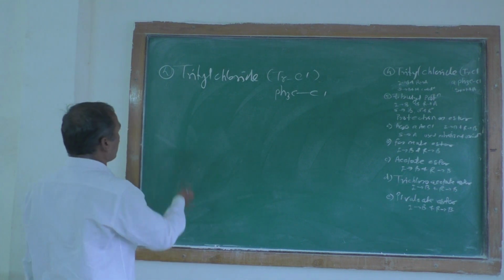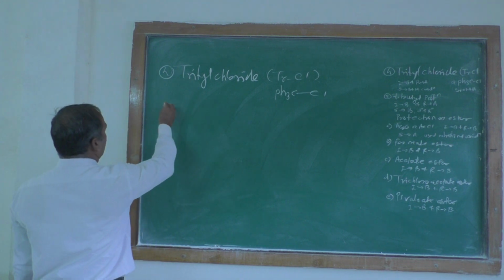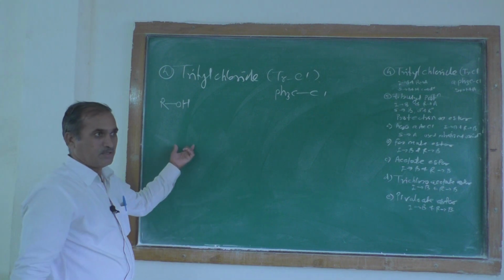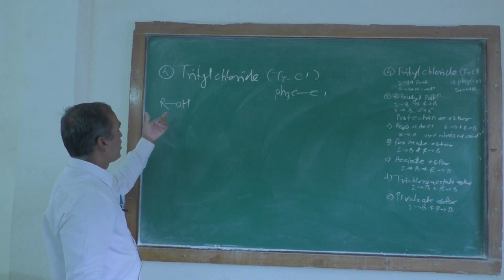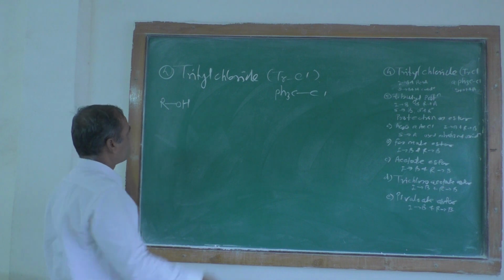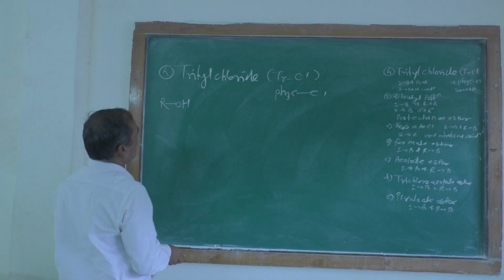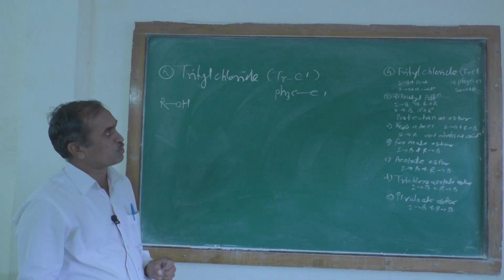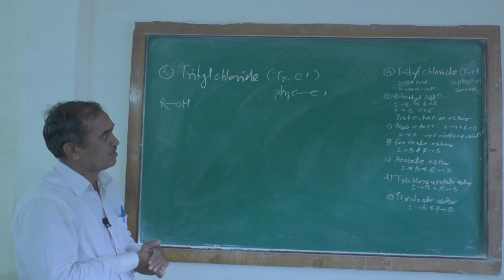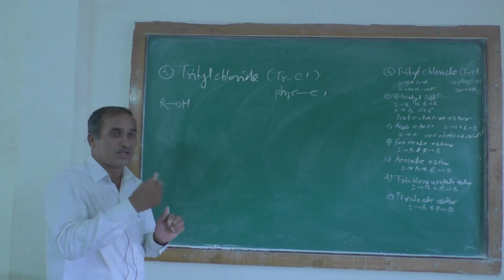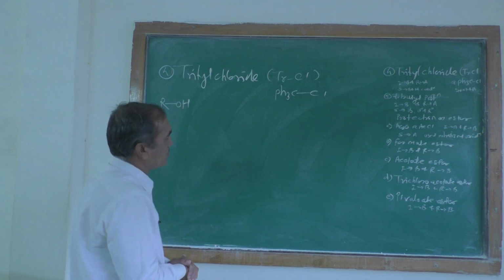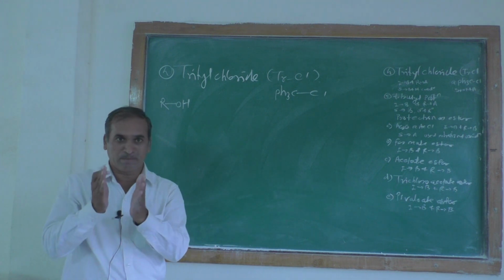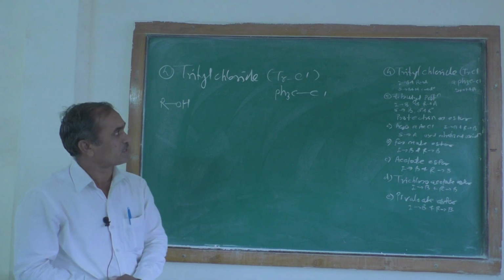If you take the general reaction, we know the hydroxyl group OH, the general formula of an alcohol, ROH, where R may be an alkyl group or acyl group. This trityl group is introduced under basic condition, whereas it is removed under acidic condition, and it is stable under basic as well as neutral condition.